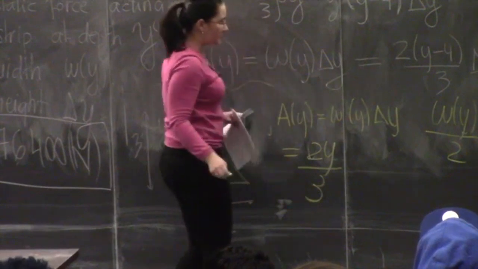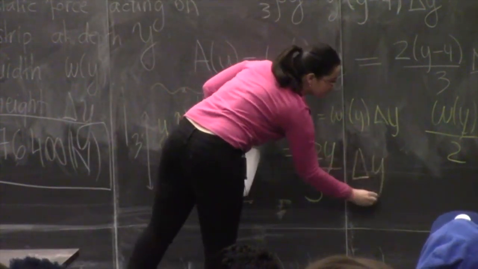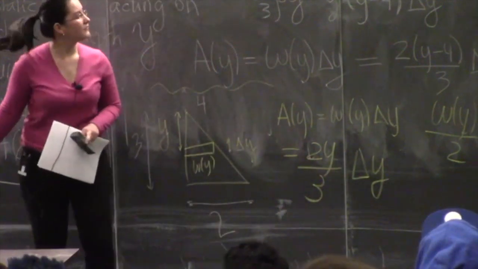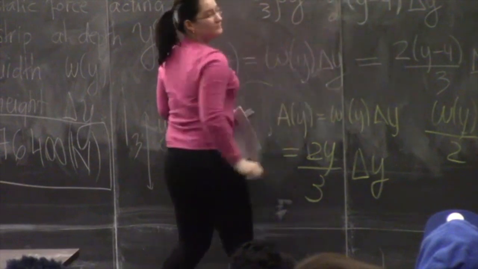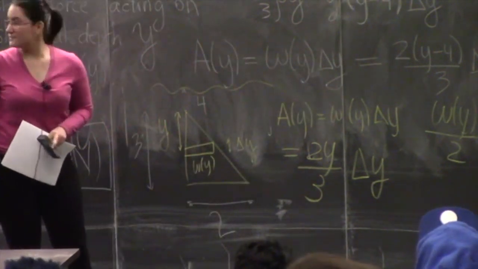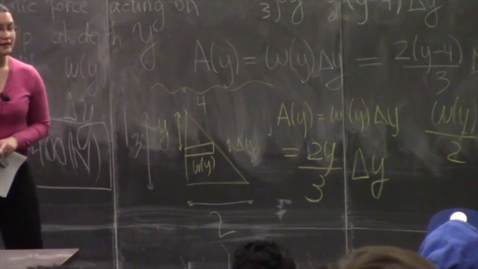In the first example, it's going to be 2y over 3 times delta y. So this is as in example 1, as in an example with the triangle sitting at the top of the water.